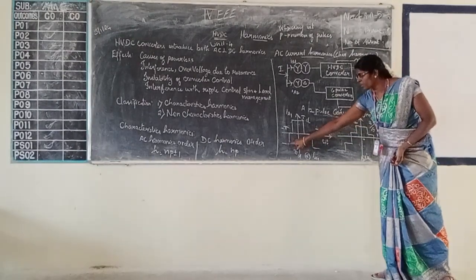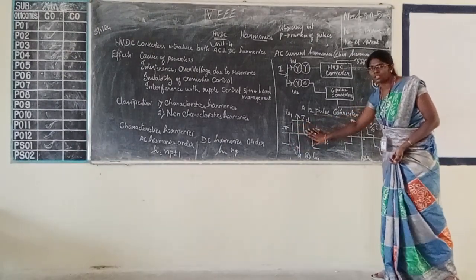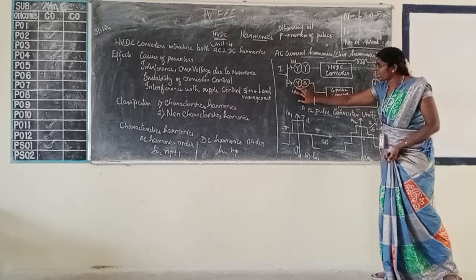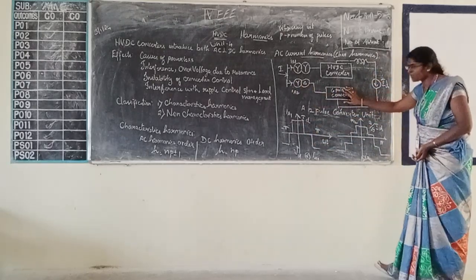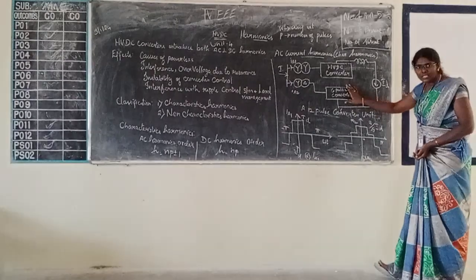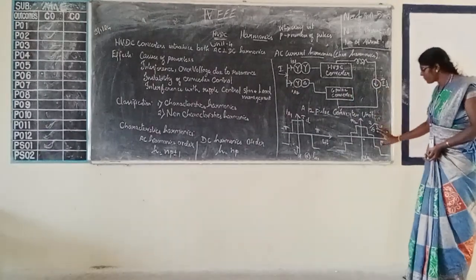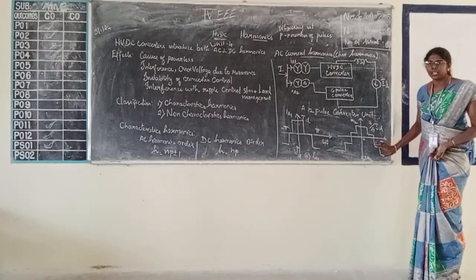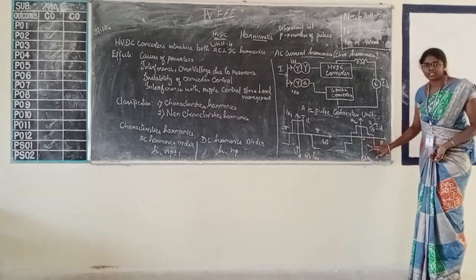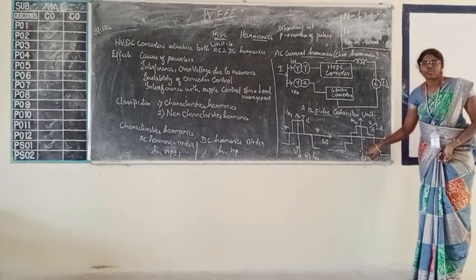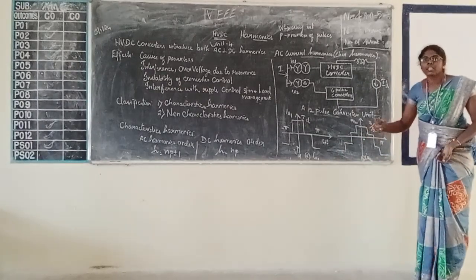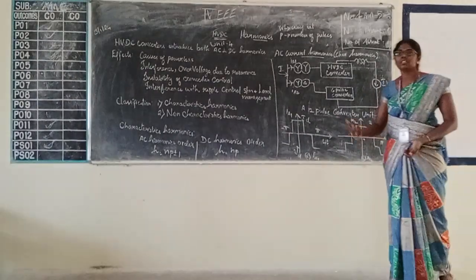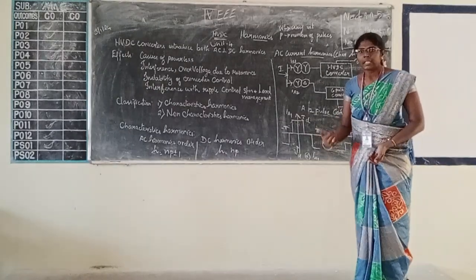Whenever the current IA2 goes to a 6 pulse converter, the direct current output toward the converter side will be like this. This is the pulse difference.